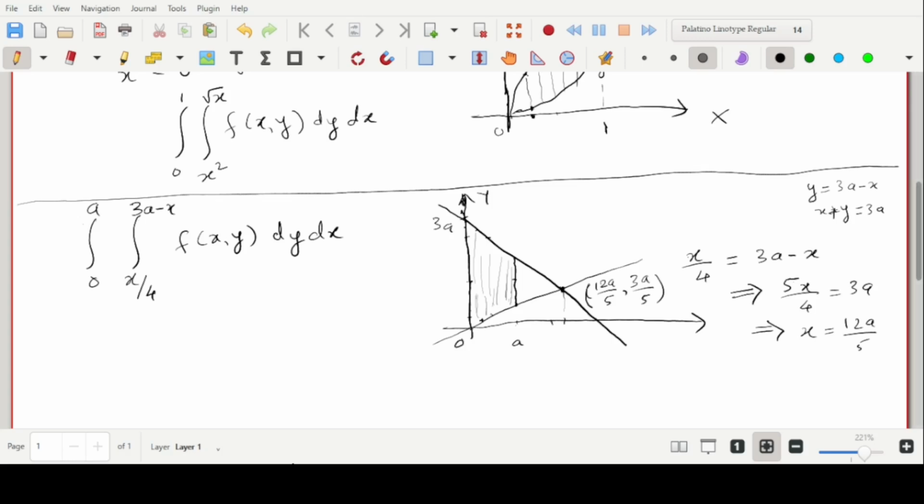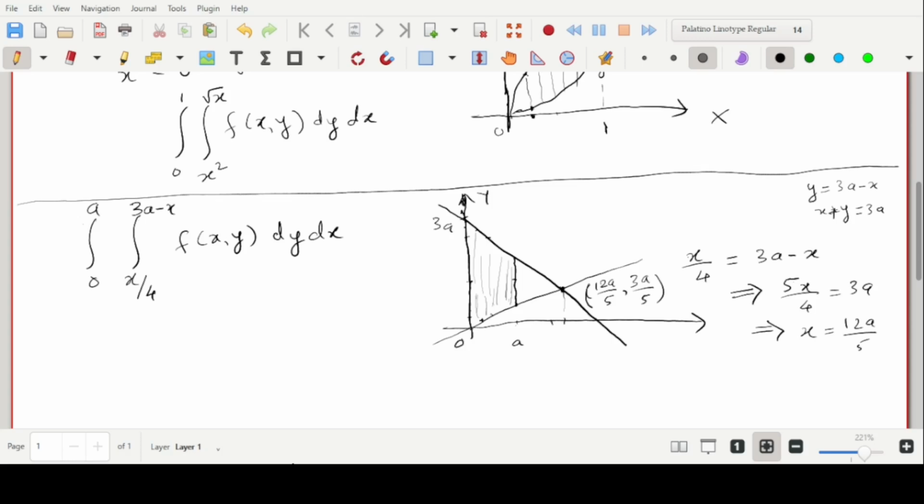It is needless to say, I don't remember whether I have told you this or not, but the integral of a function over a region can be split into several regions that are contained inside that region.